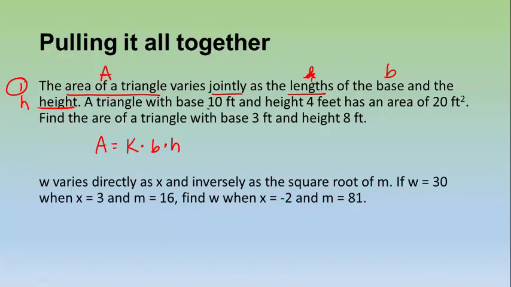A triangle with base 10 and a height of 4 has an area of 20. If you multiply this out, you would get 20 equals k times 40, or k equals a half, which should not surprise you. So we need to find the area, putting in the k value, the base, and the height.